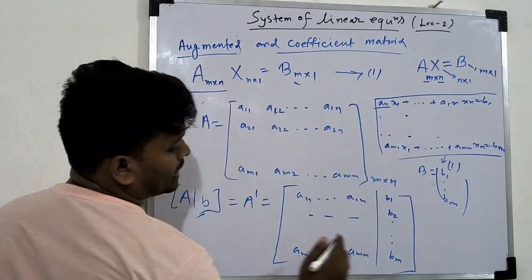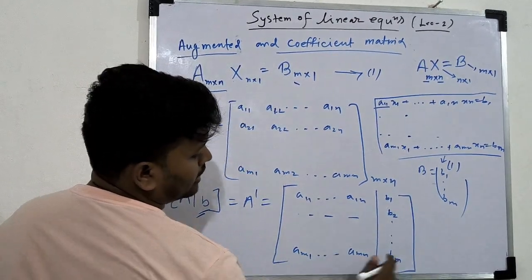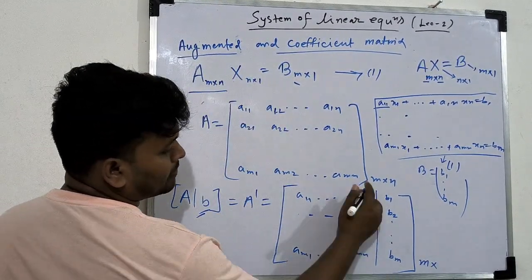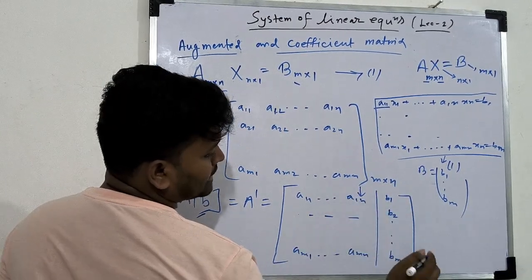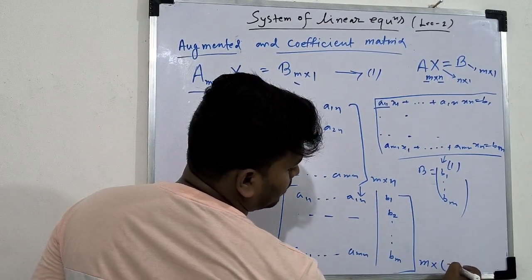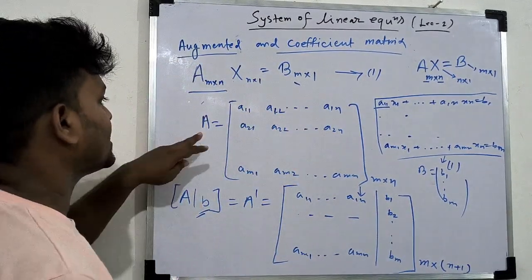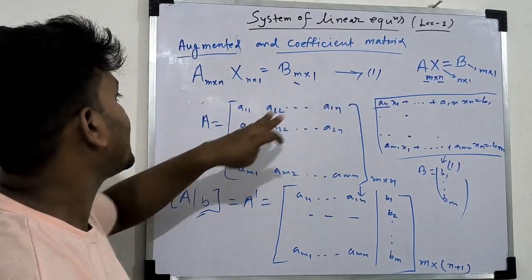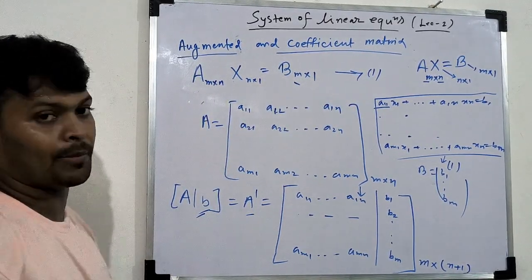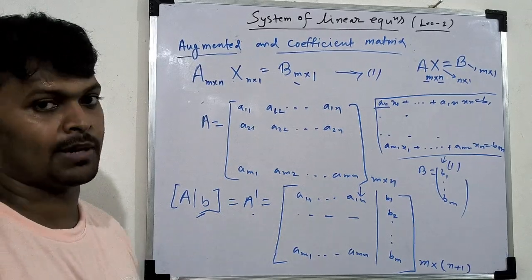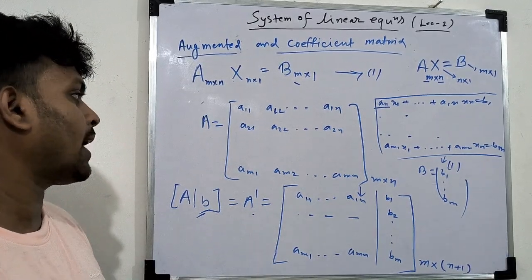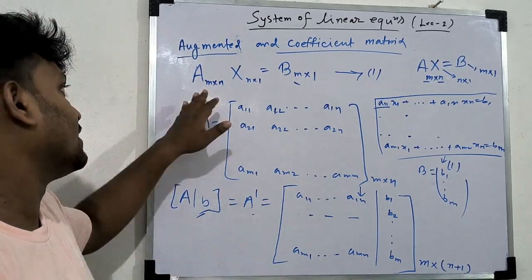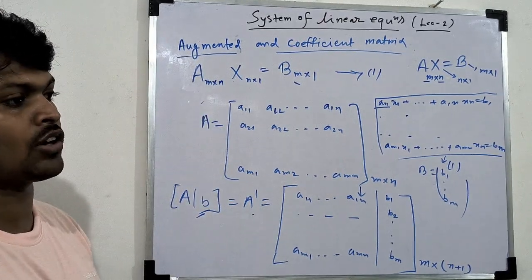So this is the augmented matrix. It has the same m rows, but the columns are n columns plus one added column, so it will be n plus 1. So this is the coefficient matrix for this system of linear equations 1, and [A B] is the augmented matrix. This is a very important matrix. From this matrix we can say whether the system is consistent or inconsistent.